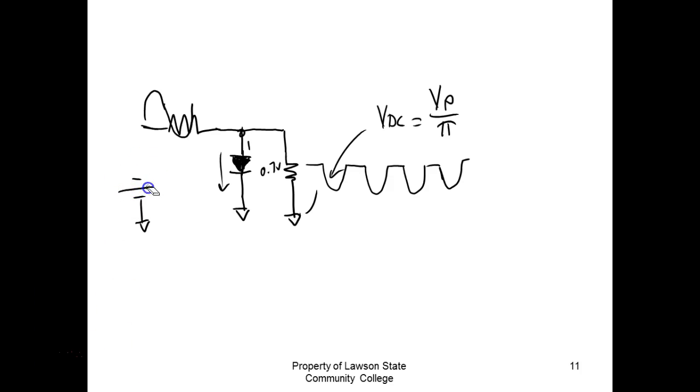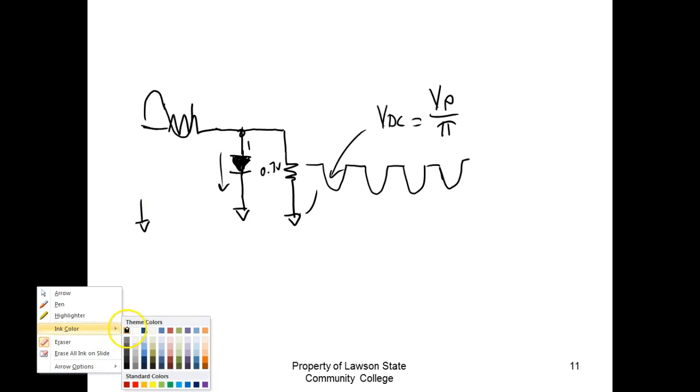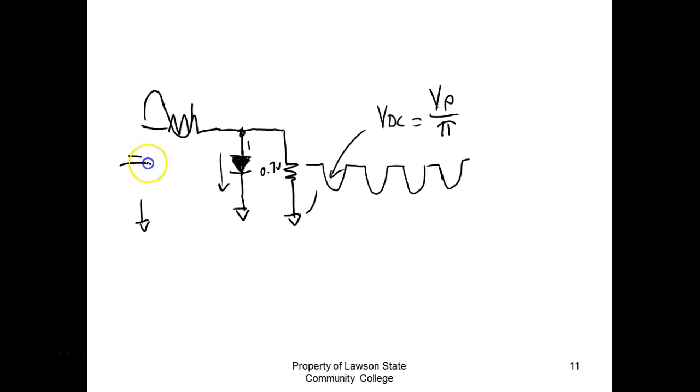Now, if I come over here and turn the thing around, okay, it's going to be what? It's going to be reverse bias. So this guy here is going to turn off. So what's this going to go to? This is going to go to whatever DC voltage we put over there, right?